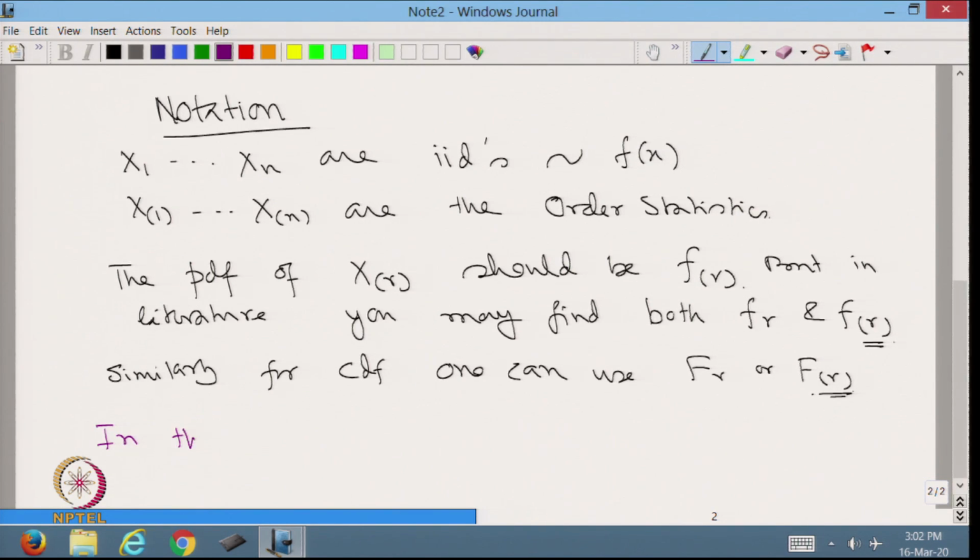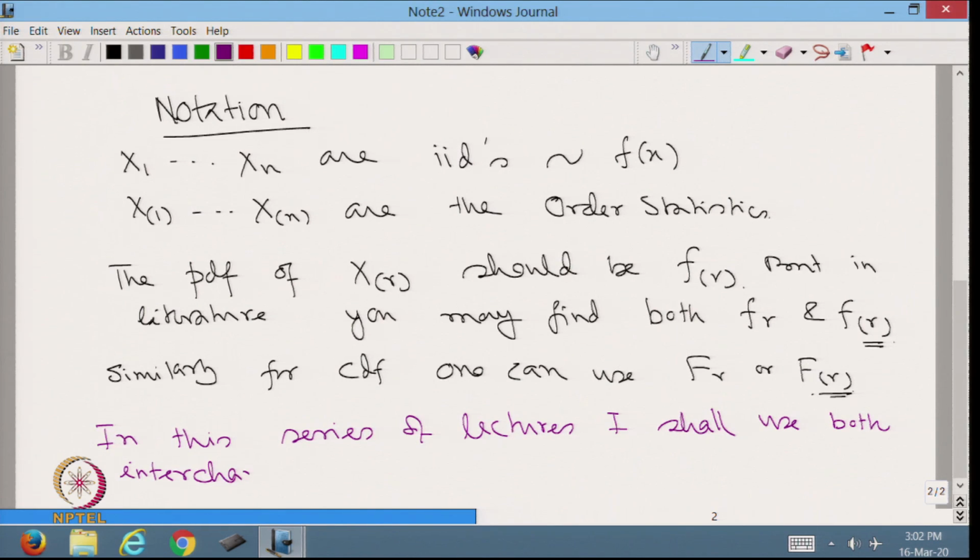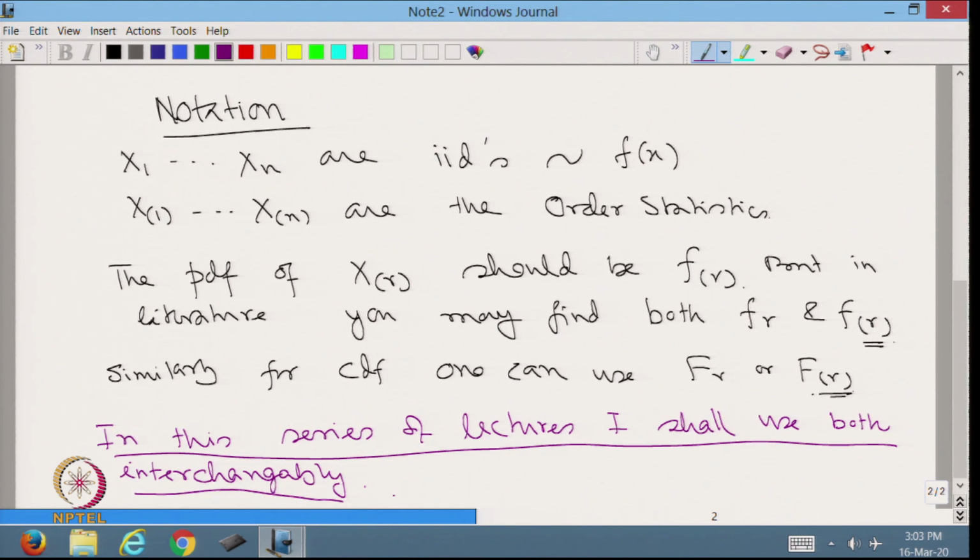In this series of lectures, I shall use both interchangeably so that you have to remember and there should not be any confusion.